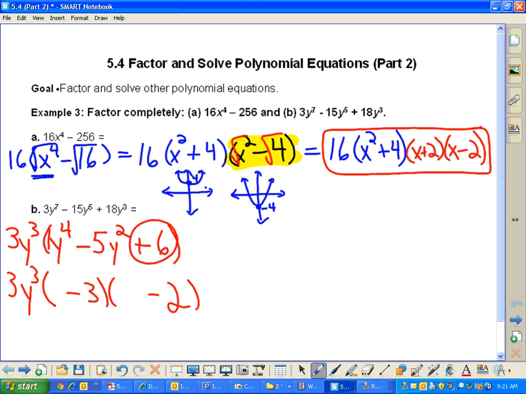Negative 3 plus negative 2 is negative 5. And now I'm going to look at y to the fourth. If I need to multiply two things together to get y to the fourth, but when I combine my negative 3 and my negative 2, I get negative 5y squared, those things have to be y squareds.